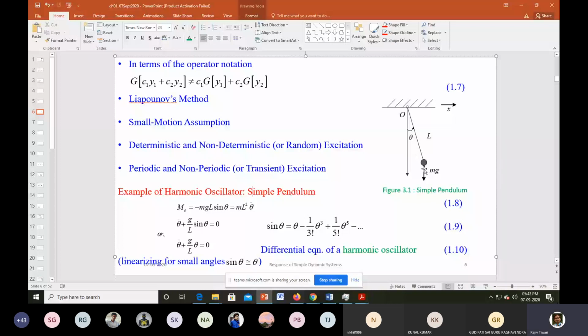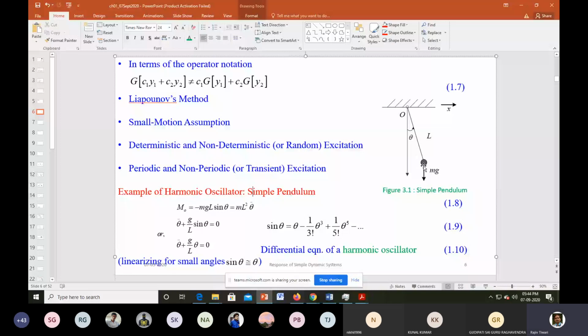Now, if we take the force component perpendicular to this particular line, that will be mg sine theta, because one component will be along the thread and another perpendicular to it.